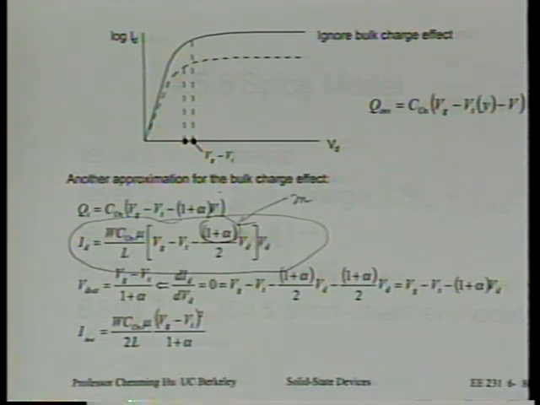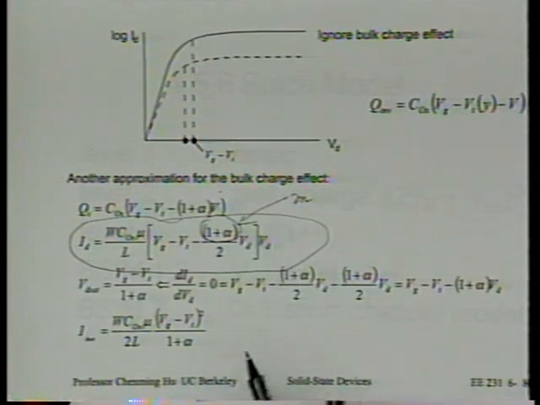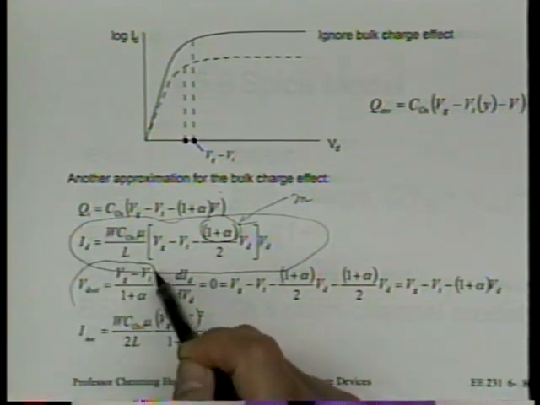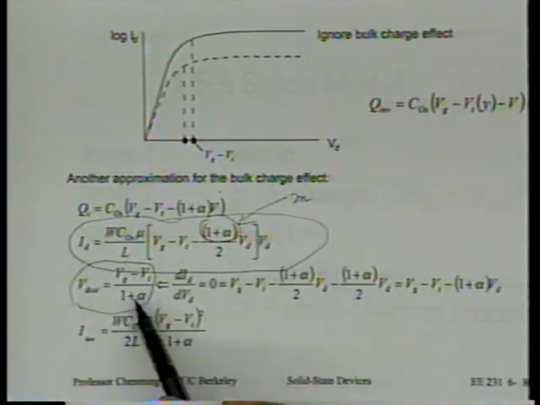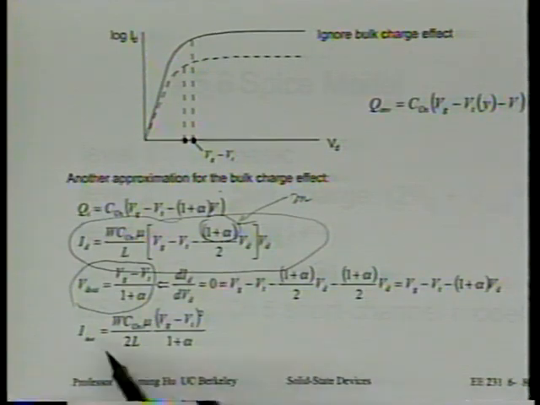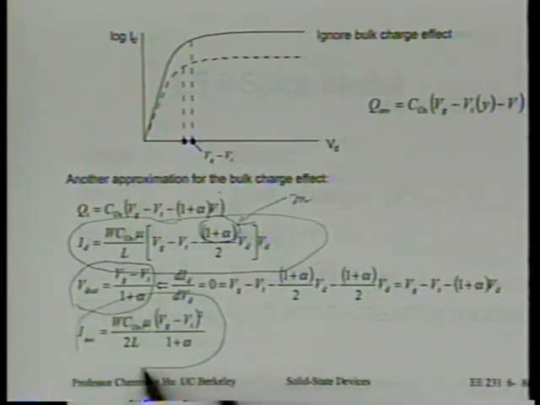This constant m assumes a retrograde doping case. All right? And the effect of that m also shows up in VD set, right? Vg minus Vt over m. Also shows up in ID set, right? We have to divide ID set by m.